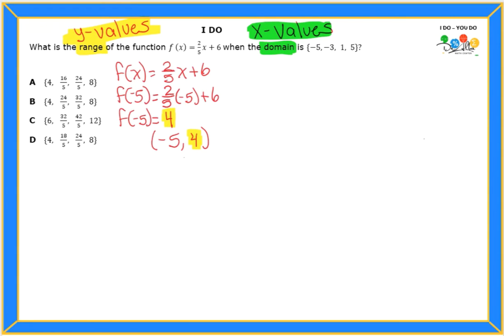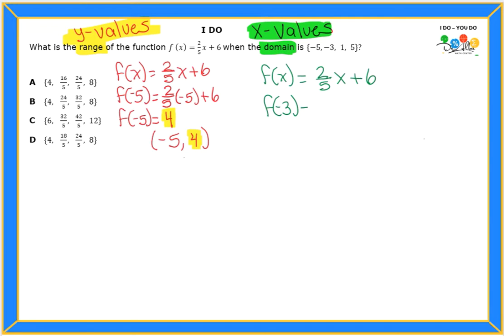What we're going to do next is evaluate that same function, same function. So let me write it down. But now I'm going to choose the second value given to us in the domain, which is -3.